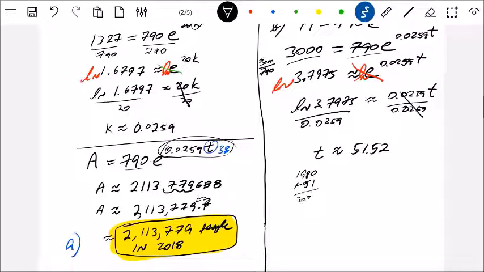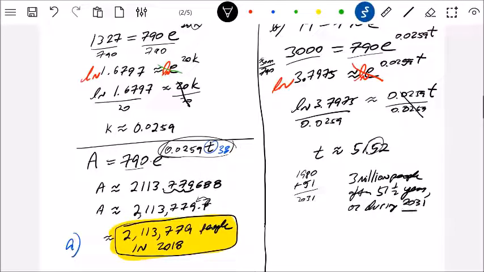That's going to be 2031. So 3 million people, and that's about half year after 51 and a half years, but I don't like that answer. During 2031. That's a much better answer to include, 2031.